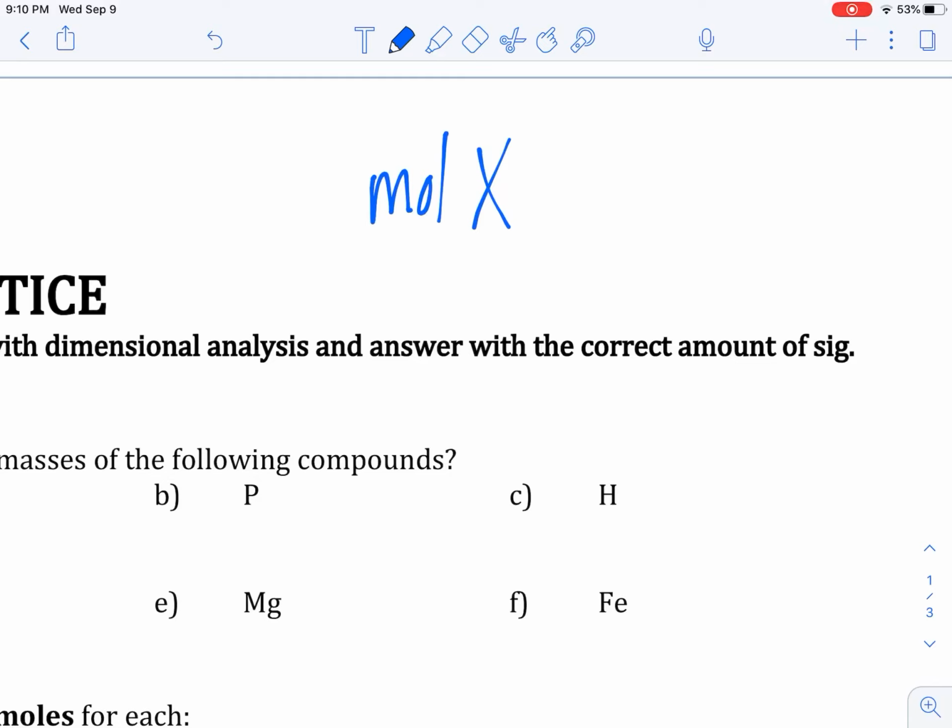We can convert from moles of a substance to grams of a substance. We could also convert from moles of a substance to particles of that substance.